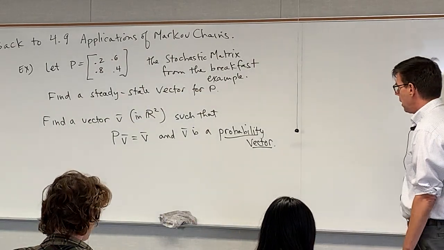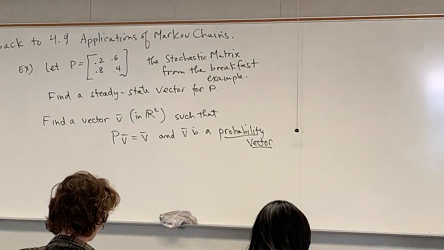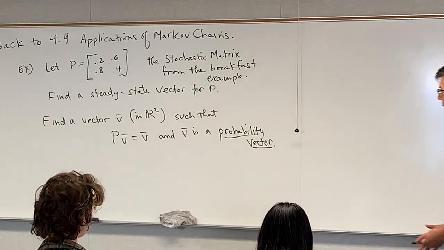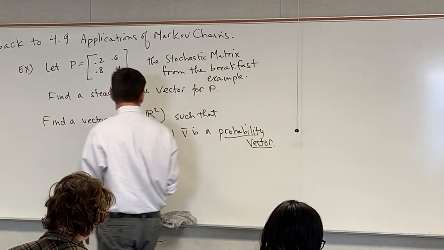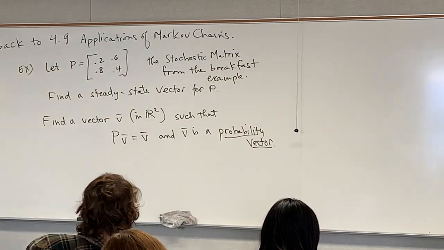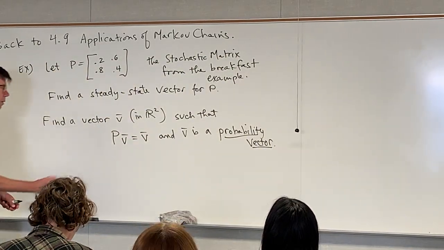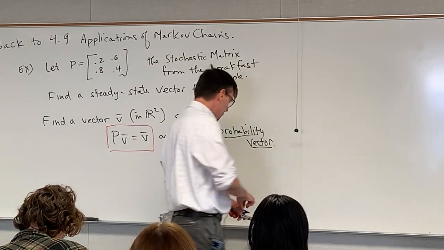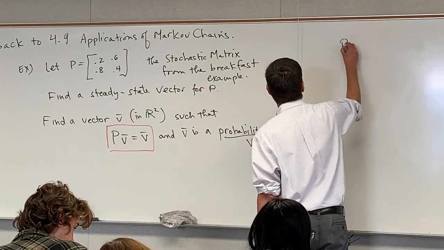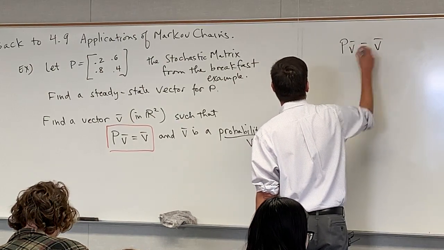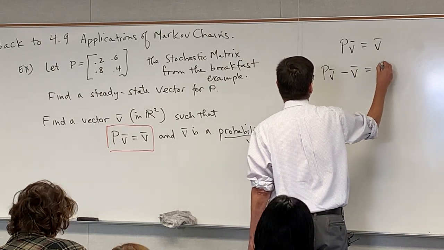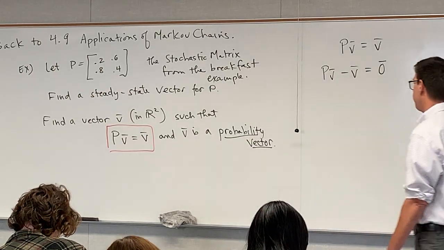Okay. And there's a standard process for doing what we're about to do right here. So we're going to take this equation, and we can write it as PV minus V equals 0 vector.